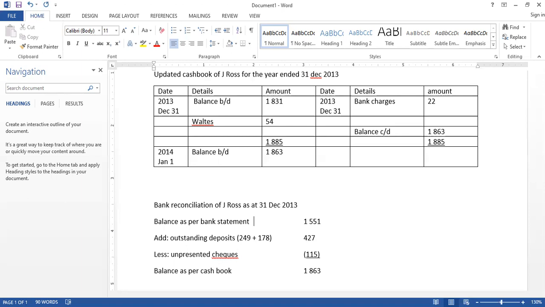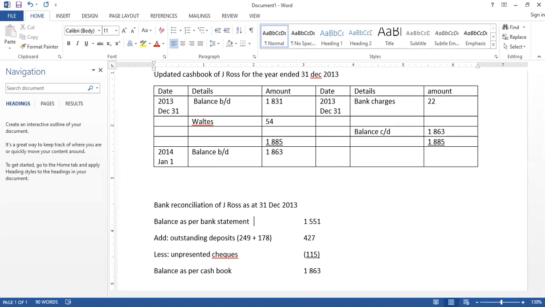We are putting them in our cash book? The following checks issued by the entity have not yet been presented. The words not yet presented already tell you that that is an unpresented check.